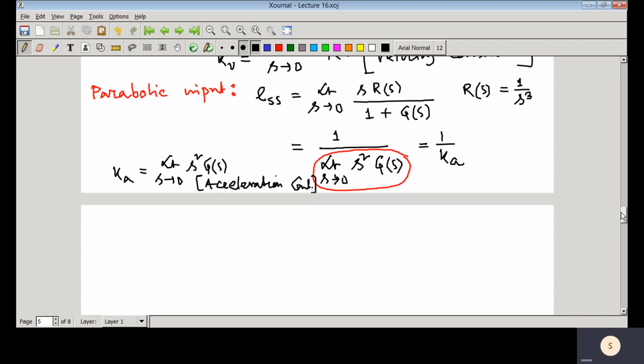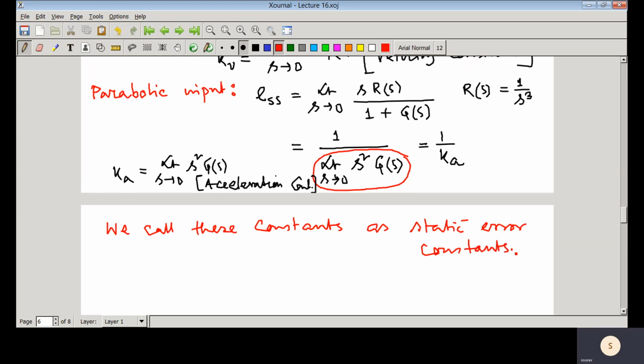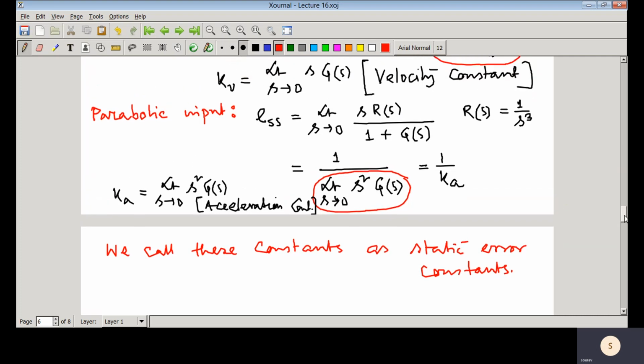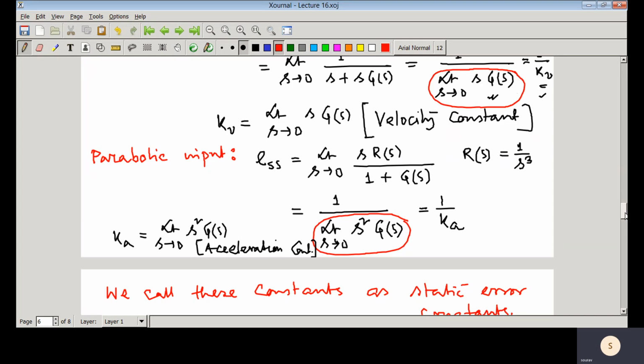acceleration constant. So we call these three constants static error constants: the position constant, velocity constant, and acceleration constant. Now there is an important definition.